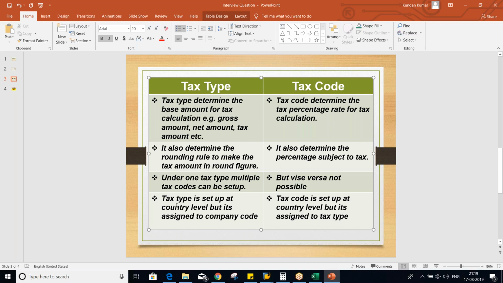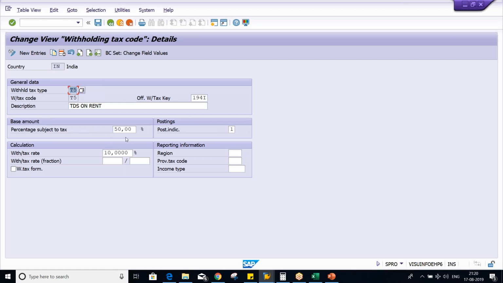Now the fourth one: tax type is set up at country level, but it is assigned to the company code, whereas tax code is also set up at country level itself, but it is assigned to the tax type. I have already shown, guys, that whenever you set up a tax code, it is always set up against the tax type itself, right? So these are the four major differences which can be explained, guys.